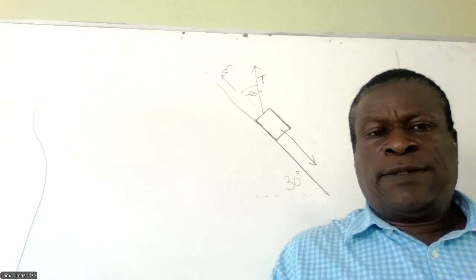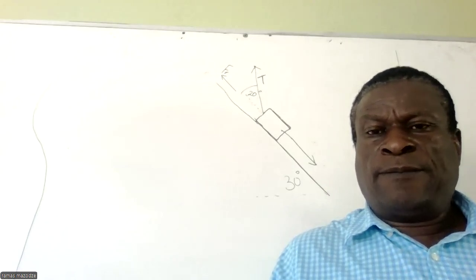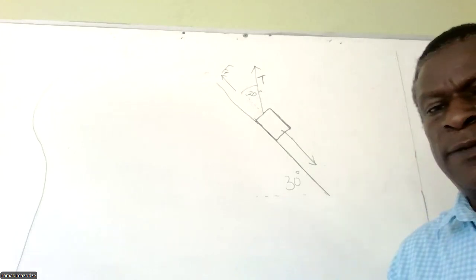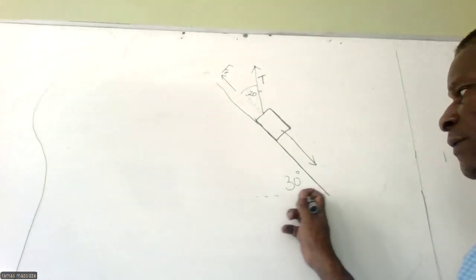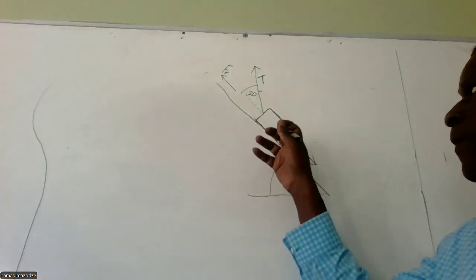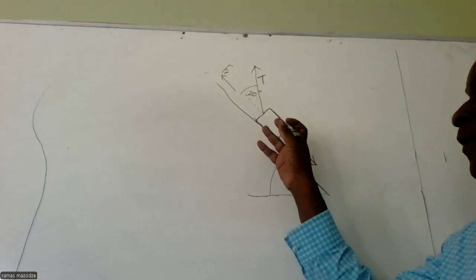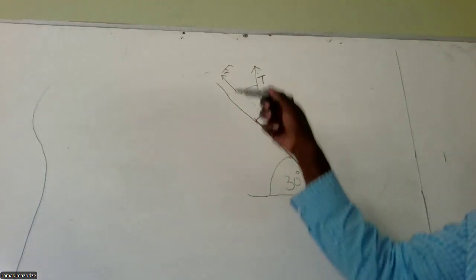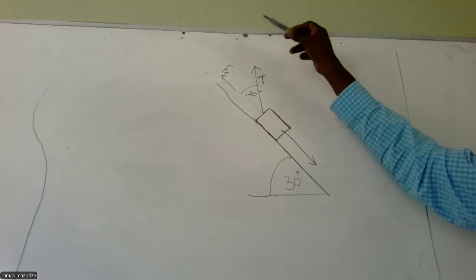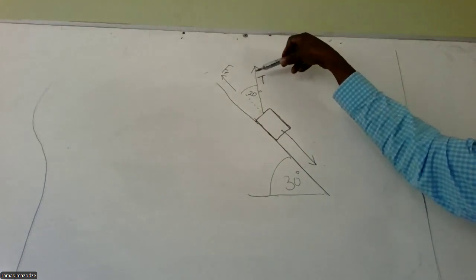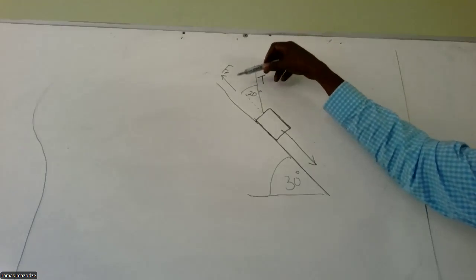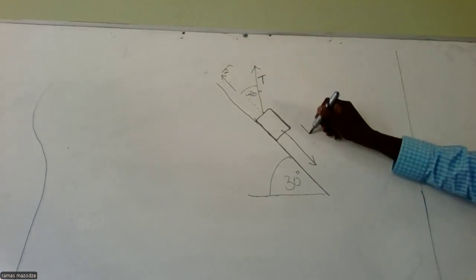Right, I'm back again. I have an object on an inclined plane, and the inclined angle is 30 degrees. The object is also being pulled at an angle by a string with a tension of T, and the object is moving down.